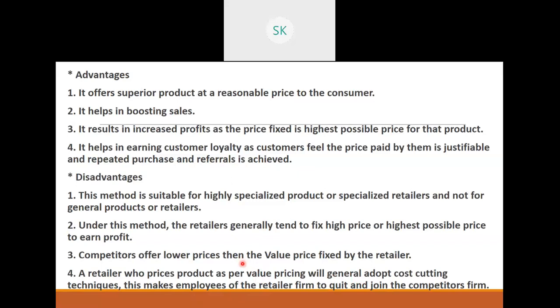Okay, every bill, every overhead, including employees' salary. If they try to cut the cost everywhere, employees will try to understand for a few months. Okay, but later they will quit and join other firms, which means these value pricing retailers are also losing good employees just because they are following value pricing, and they join the competitors' firm.